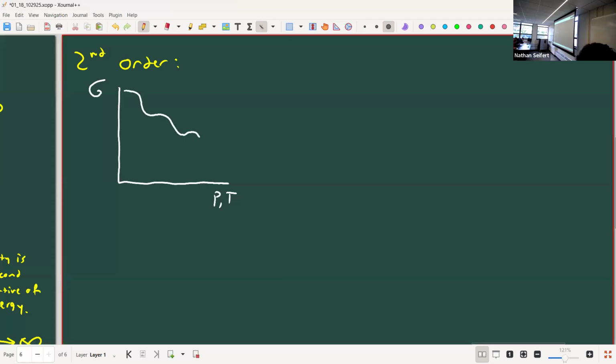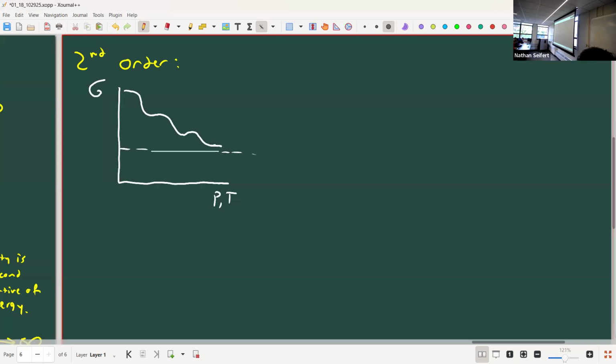You've got some curvature here, and here's the critical point. This is maybe liquid and this is solid or something like that. I don't know. And this is your two-phase system.